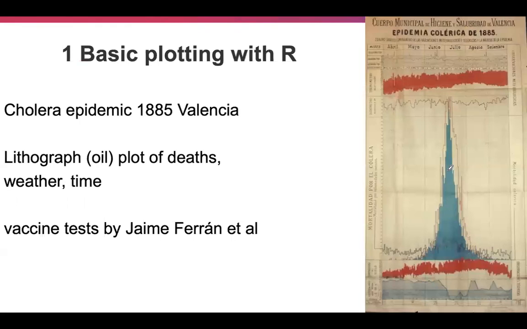A classic example of this is another map of the cholera epidemic, 1885. It's a lithograph, an oil painting of the deaths and the weather at the time by Ferran et al. So you can see there that we have the temperature, the pressure, and the mortality frequency there.